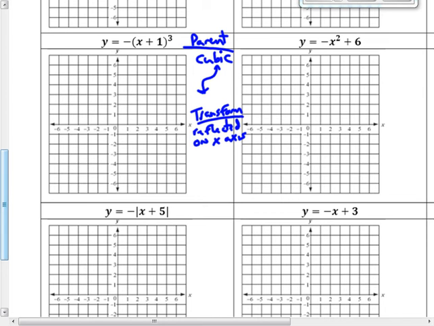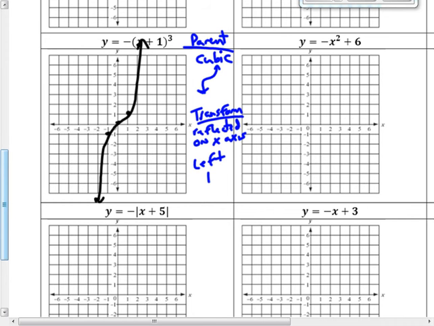And then I also added 1 on the inside. So when I add 1 on the inside, that means that I actually move left 1. So I have my normal graph that looks something like this. It comes up, kind of bellies out there. That's what my normal function looks like. That's my parent cubic function.